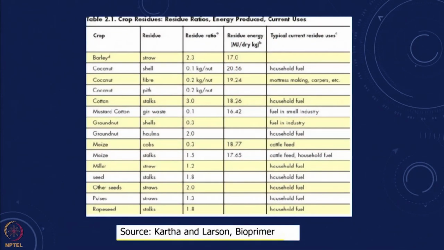We can take the yield in terms of how much area is under plantation, multiply that by the residue ratio, and then we get the amount of residue and its energy content. Also, depending on the growing season and the harvesting season, the residues will be available at a particular point of time.